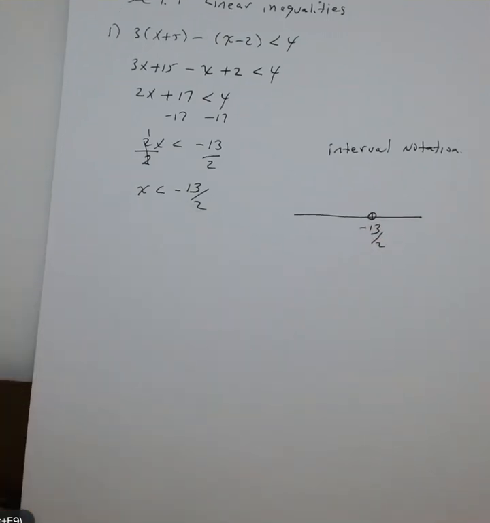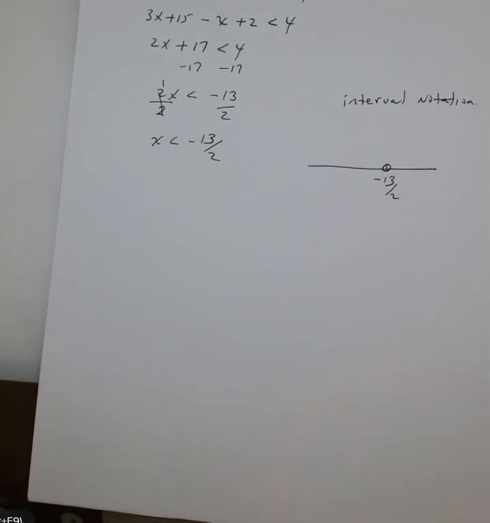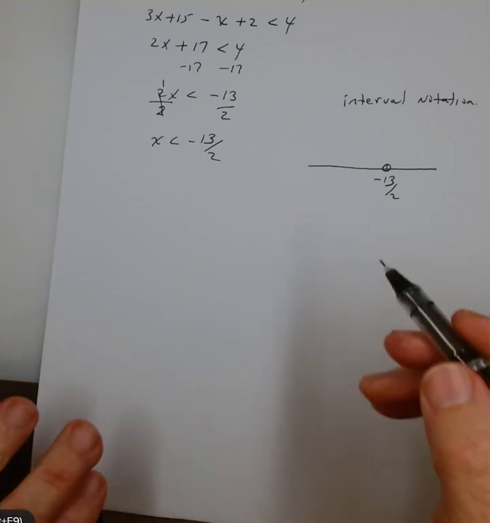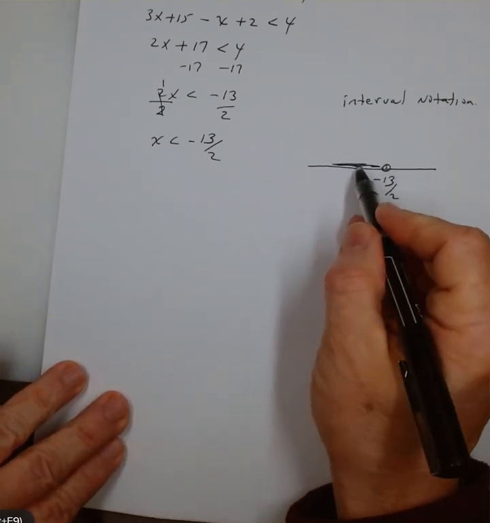An open circle means it's not a solution. And I'm going to shade in all of the solutions. All of my solutions are on which side of negative 13 halves? To the left. Less than. And then with an arrow.